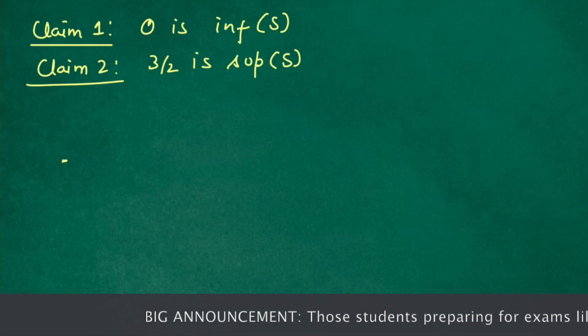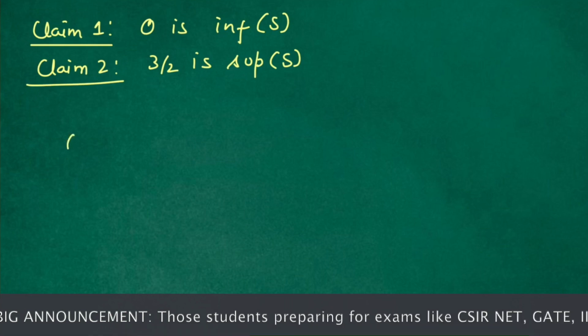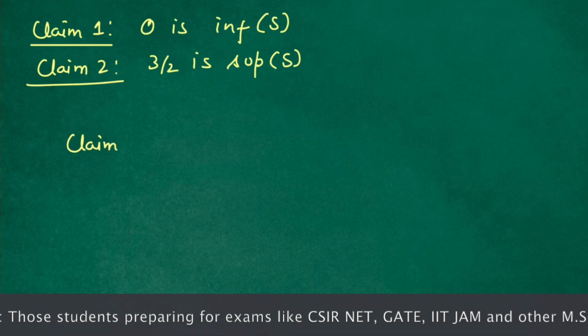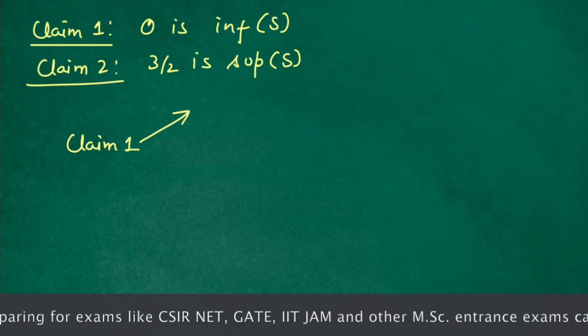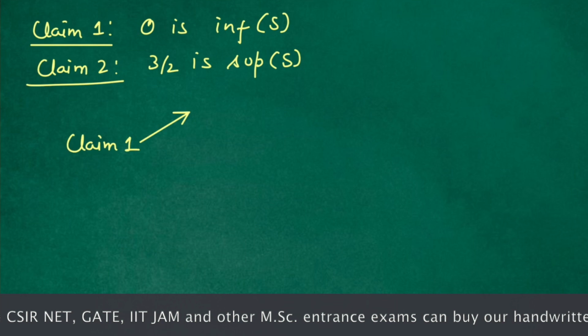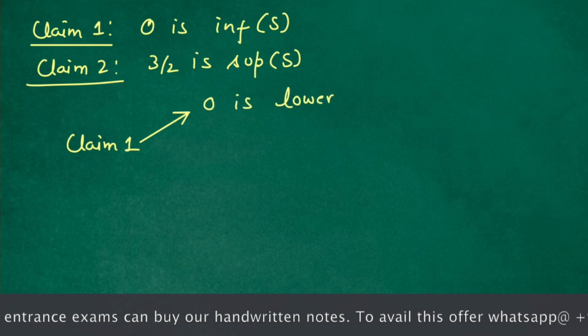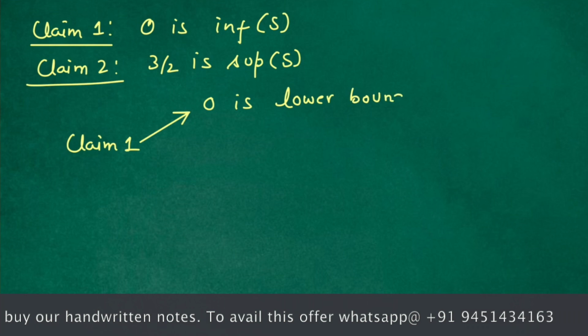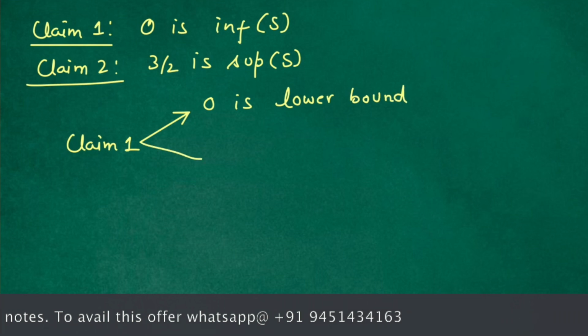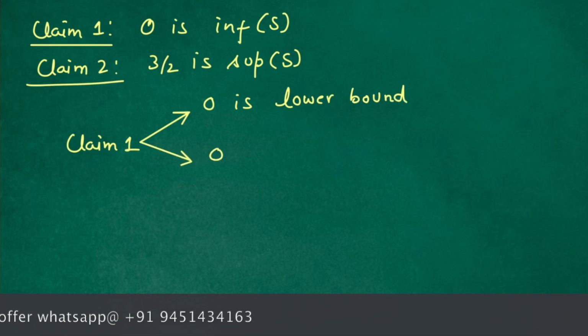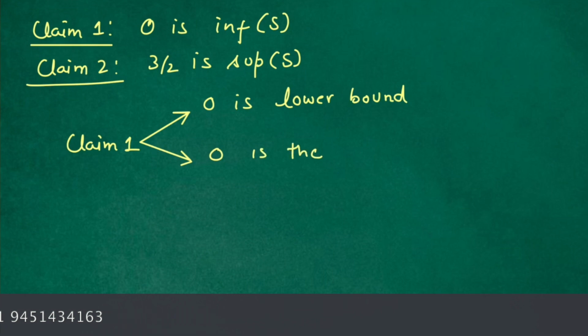First, to prove claim 1, in the first step we will prove that 0 is a lower bound, and in the second step that 0 is the greatest lower bound.